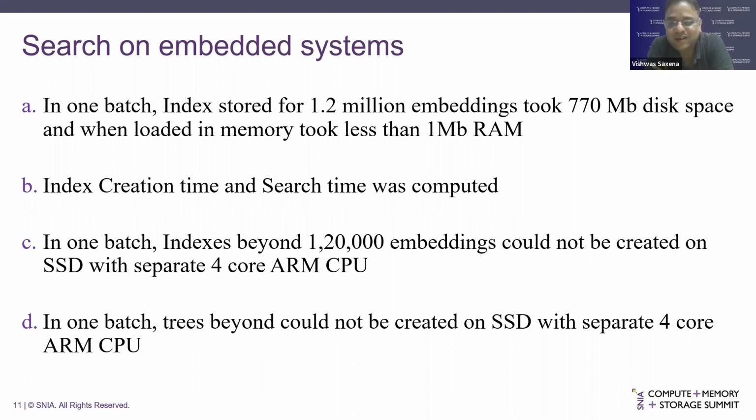When loaded in RAM using the indexing, we only required about 1 MB of RAM. Index creation and search time was computed, and in one batch we were able to create 1.2 million embeddings, and we could create about 100 trees.